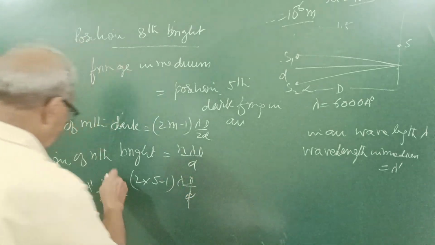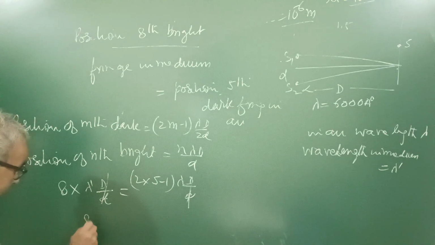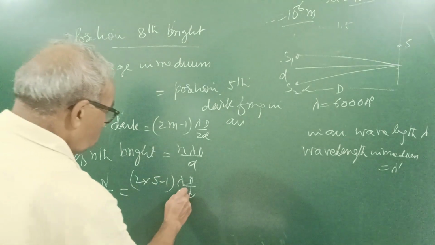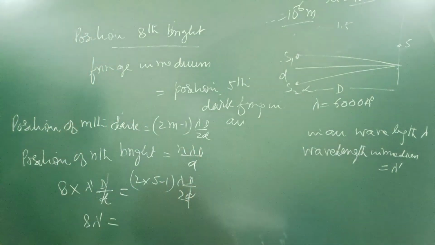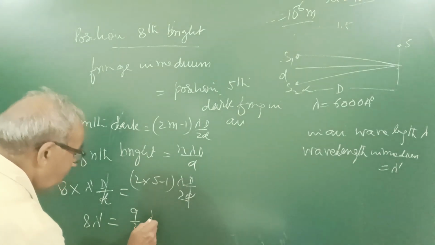Lambda D upon d cancelled. So you get here 8 lambda dash is equal to, sorry, 2d will also be there, sorry, I missed the 2, so it is 9 by 2 lambda.